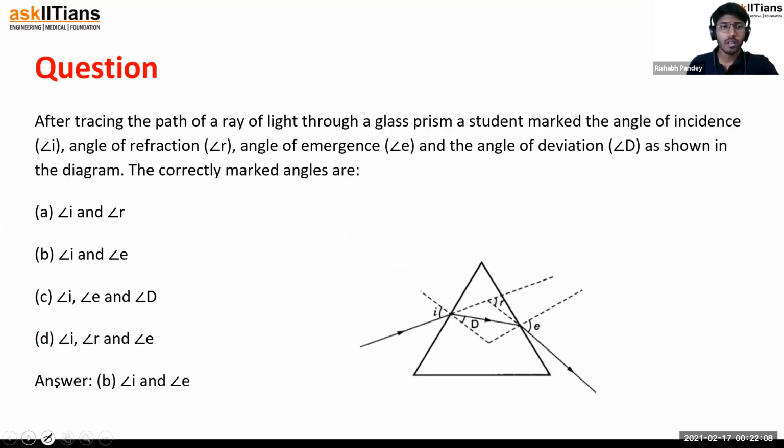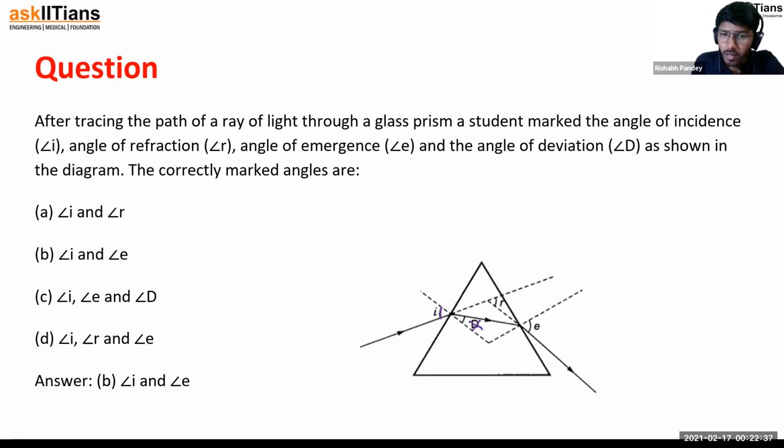Moving forward, they have asked that on tracing the path of a ray, the student marks the angles as shown in the figure. The correctly marked angles are? Okay, try to pause this video and solve this question on your own. So now this will be the angle of incidence. Yes, absolutely true. This is how he has marked the angle of deviation. Is it true? No, I don't think so.